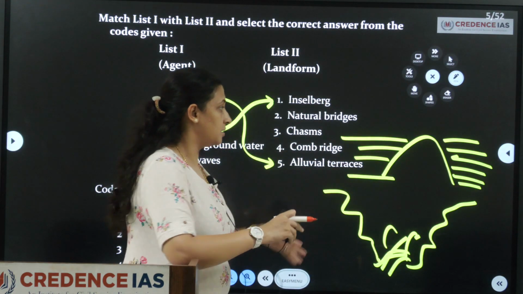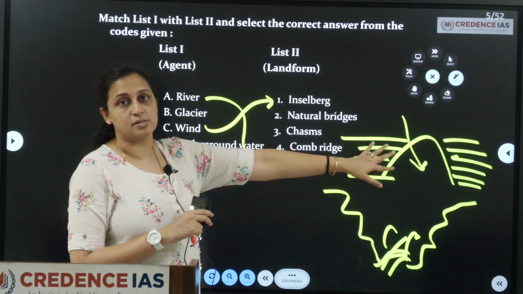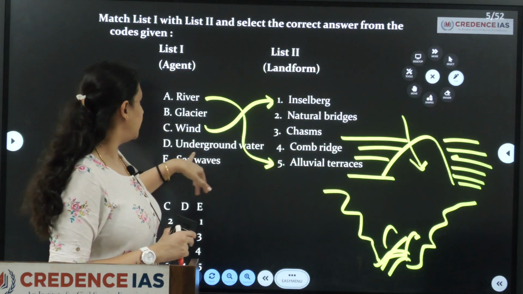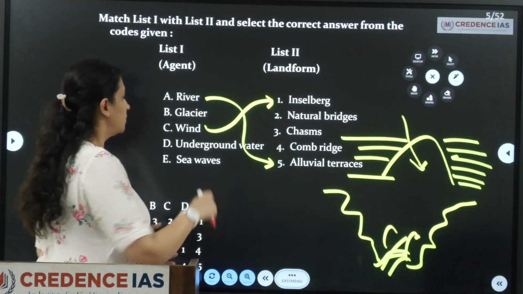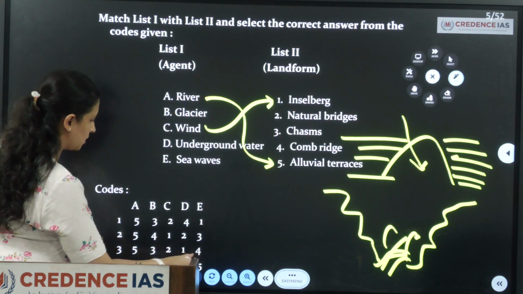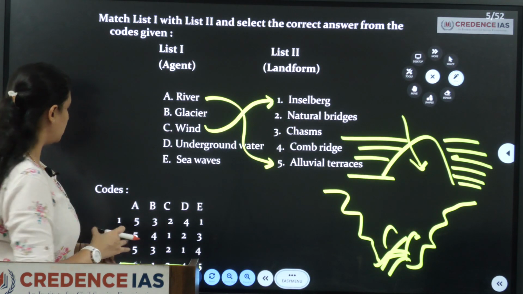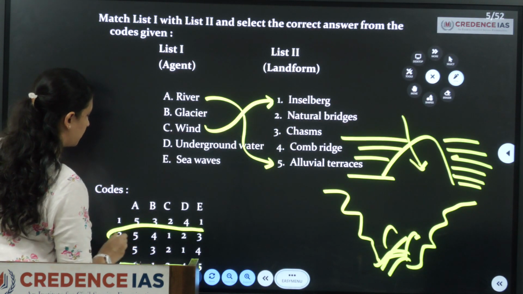This is nothing but an Inselberg mountain, usually caused by wind in windy areas. So C goes for 1. Out of these three options here, C is 1 only.